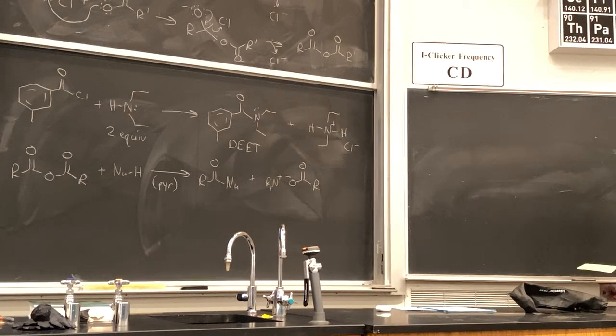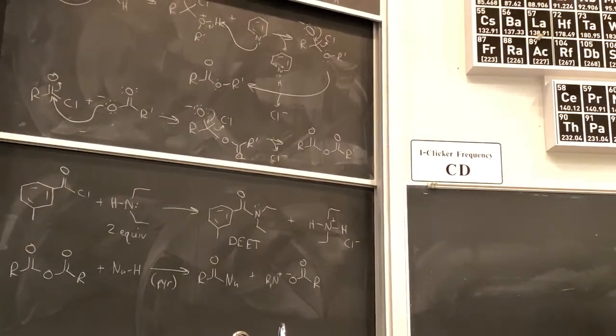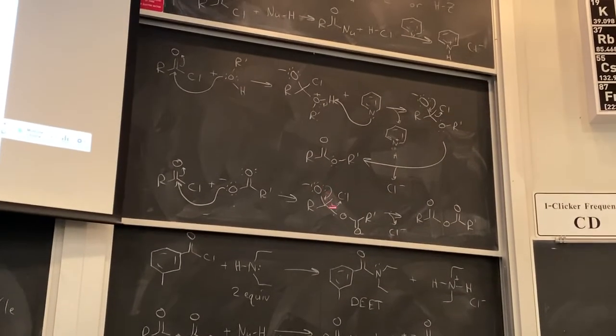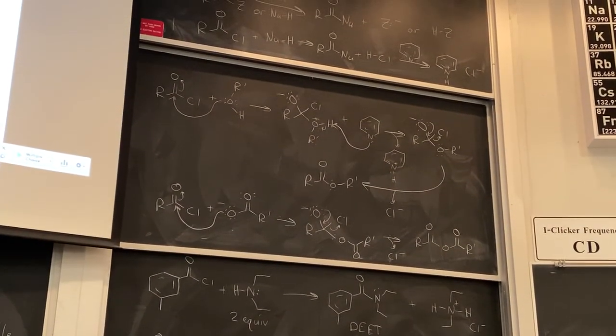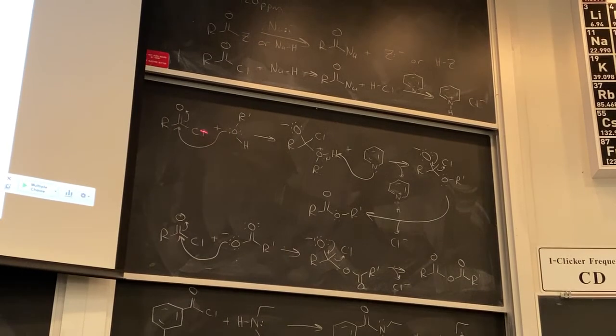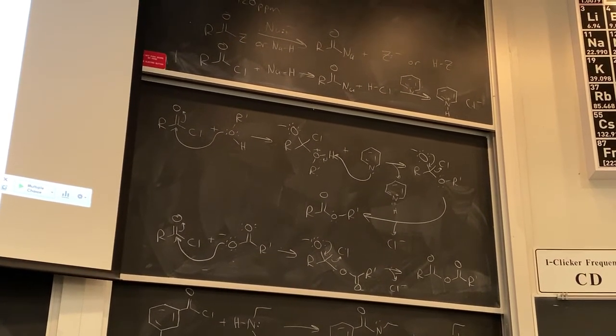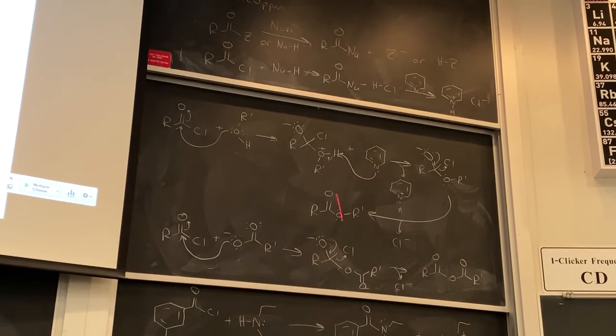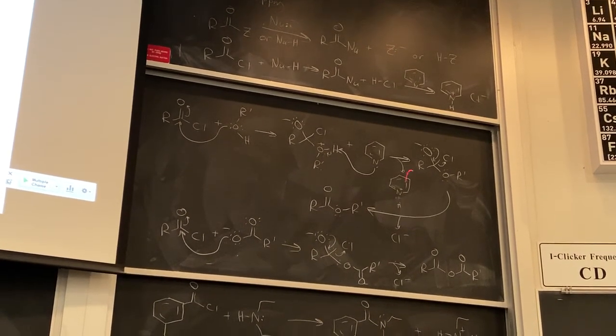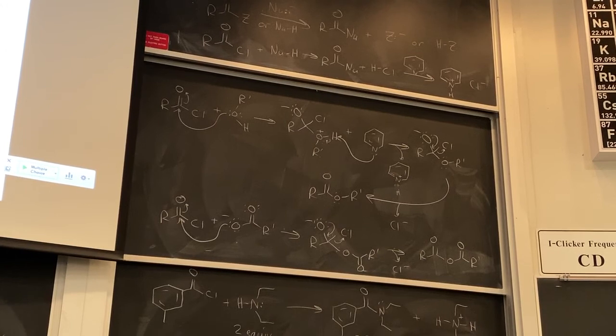Let's just bring that down just a touch. We've already got that up here on the board. So if we just replace the chloride with this carboxylate group, we have the same mechanism. Our alcohol attacks, our pyridine deprotonates.